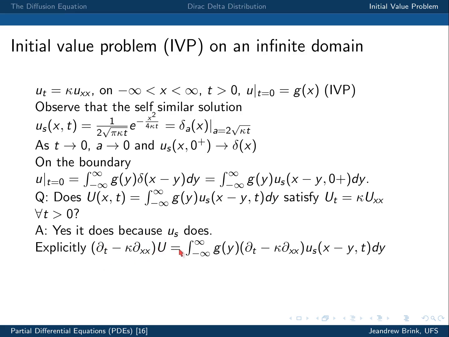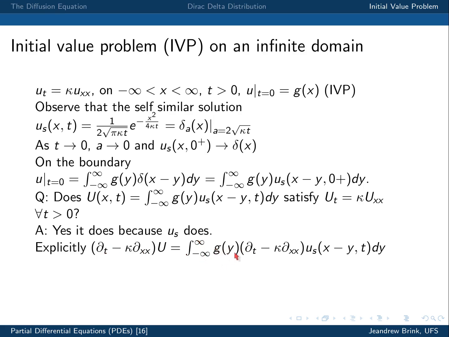And the way we do that is, in these derivatives, the only function of x and t is simply the self-similar solution, because we're integrating over the y variable. Because that integral we assume converges, and it will converge provided g converges, we can simply move this differential operator into the integral, so we don't have to be careful about the boundaries.